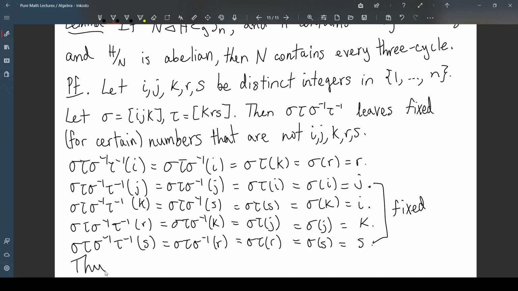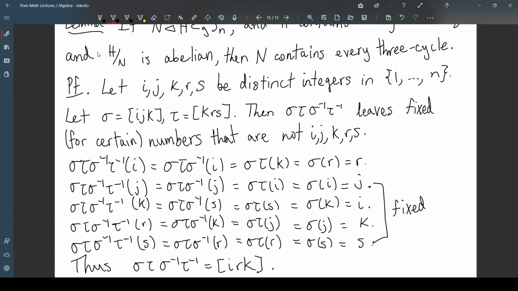And thus, what we have is that sigma tau, sigma inverse, tau inverse is equal to (i r k), right? i gets mapped to r, r gets mapped to k, and k gets mapped to i. So this is the 3-cycle (i r k). Now, notice that we took 5 distinct integers.